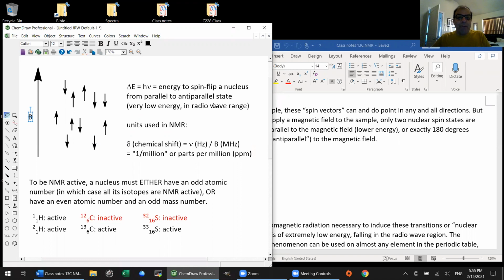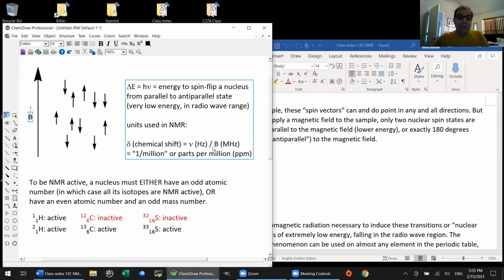And so rather than using hertz to tell us where the peaks in our spectrum are, what we do is remove that dependence on the magnetic field strength by dividing all along the horizontal axis, and the instrument does all this automatically for us, of course. At any given place in the horizontal axis, we're dividing that frequency of radiation absorbed by the magnetic field strength.